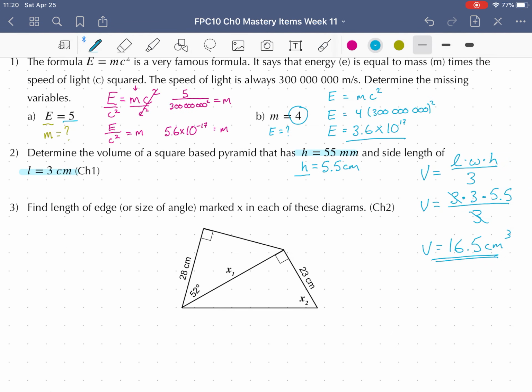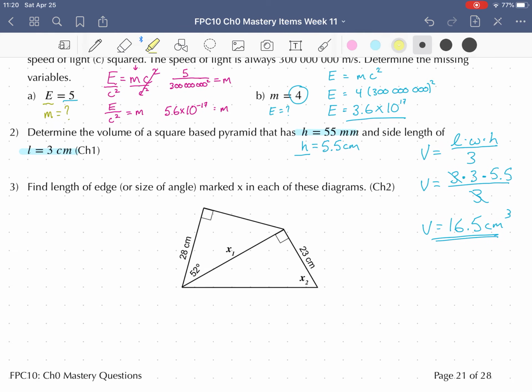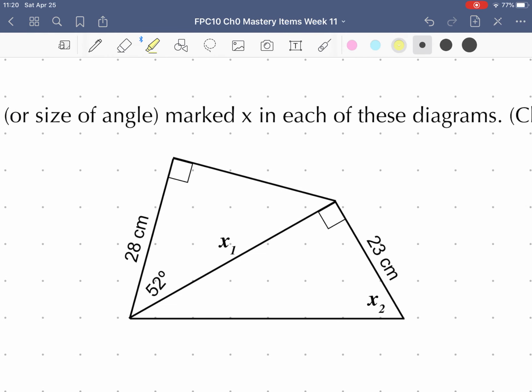All right. Question 3. Find the length of edge or size of angle marked X in each of these diagrams. So we've got a couple of triangles here. Here's our first triangle. It's a right triangle. We only know one piece of information, so we can't use that triangle first.